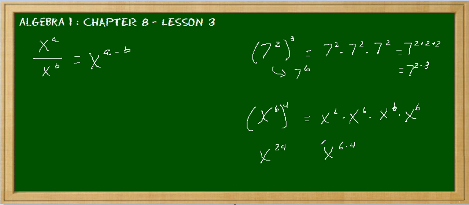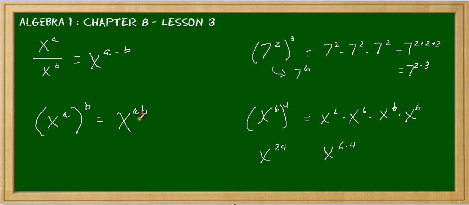So these examples suggest the following rule. The third law of exponents, and that if a and b are positive integers, then, and let's write it over here, x to the a raised to the b is equal to x to the ab, or a times b.